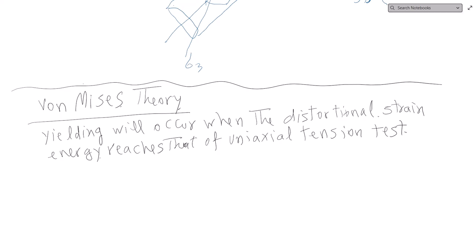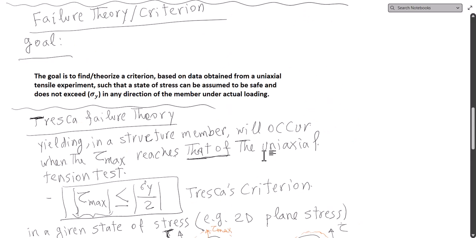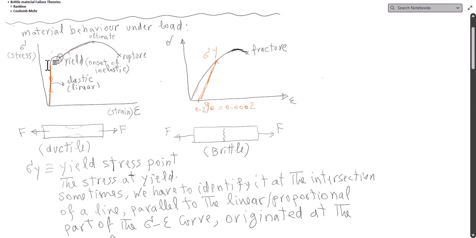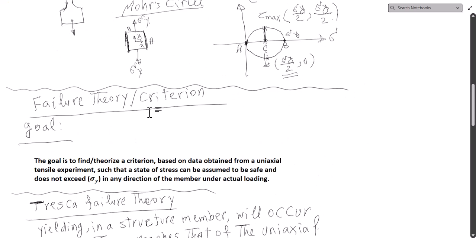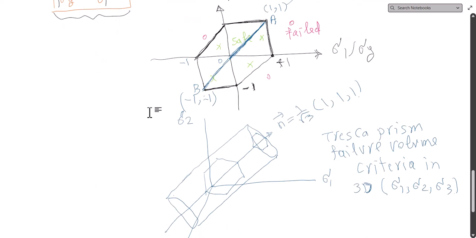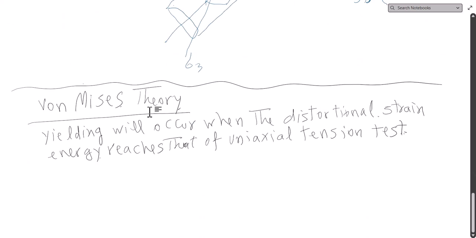One assumption in these two theories is that the material behaves the same way under compression and tension. That is related to that linearity that we discussed at the beginning, this linear elastic part, as well as hydrostatic pressure, which I will talk about in this section, doesn't have any effect.